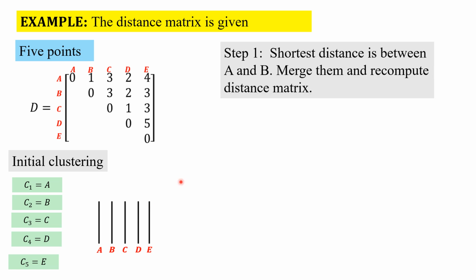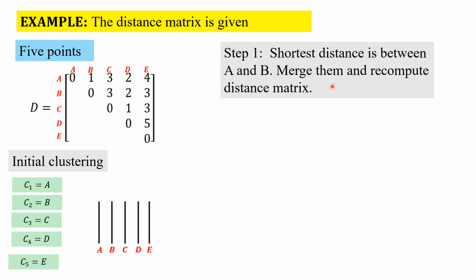In step 1, we find the shortest distance, which is A to B, the value 1 out of the whole matrix. We could have taken CD, but it is normally taken as the lexicographically smaller one, that is dictionary ordering.